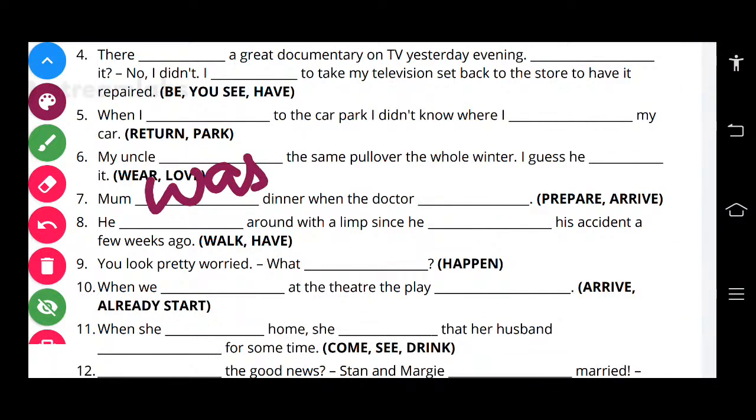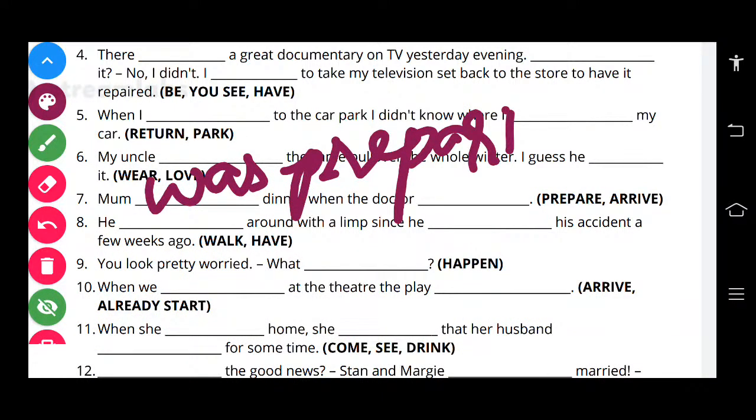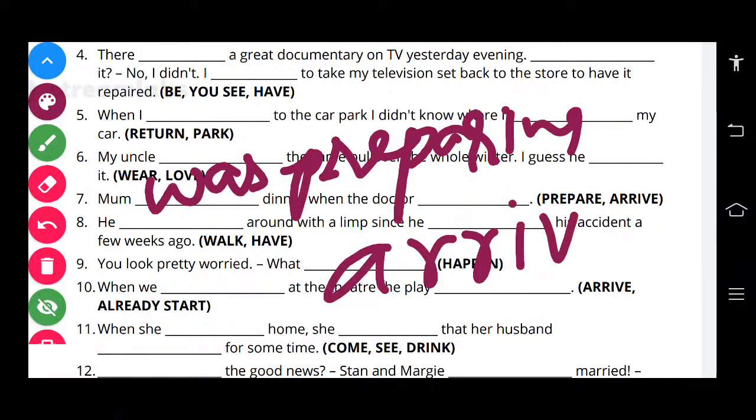Mom was preparing dinner when the doctor arrived. Past ongoing action and completed action.